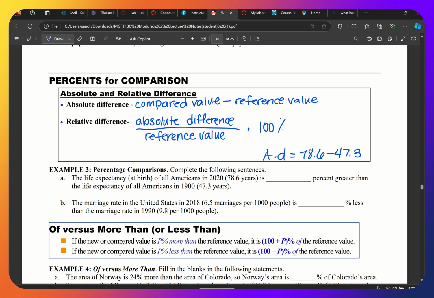Just 31.3. The RD is 31.3 divided by 47.3, which gives us 0.66, which is 66%.